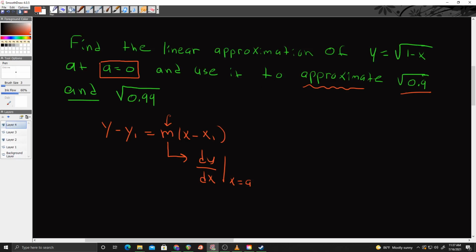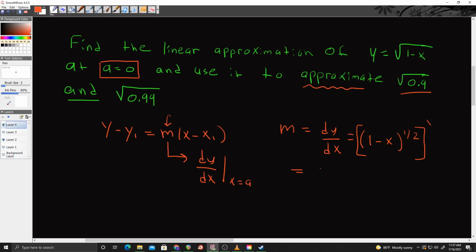We need the slope here. We need m, and m is just going to be the first derivative of this. So dy dx, we are going to take the derivative of this. So we're going to do 1 minus x to the 1 half, and then we are taking the derivative of that, so we're going to put a prime on that. And chain rule, right?